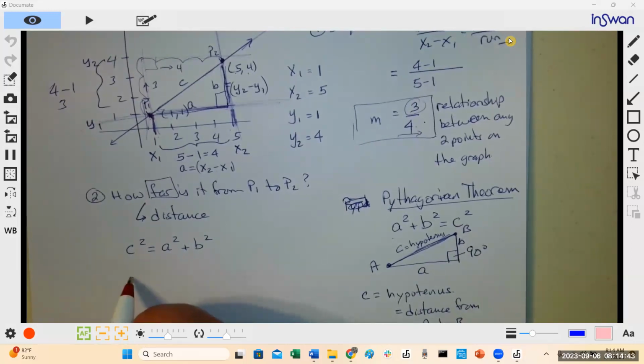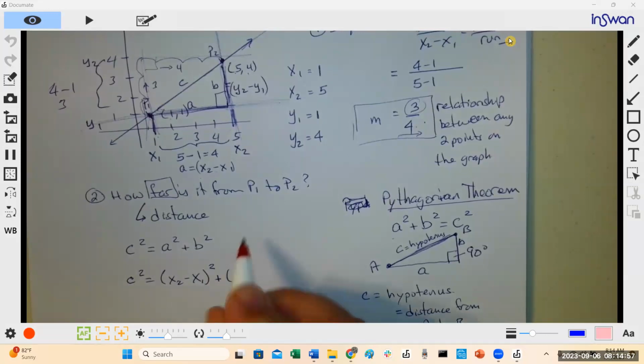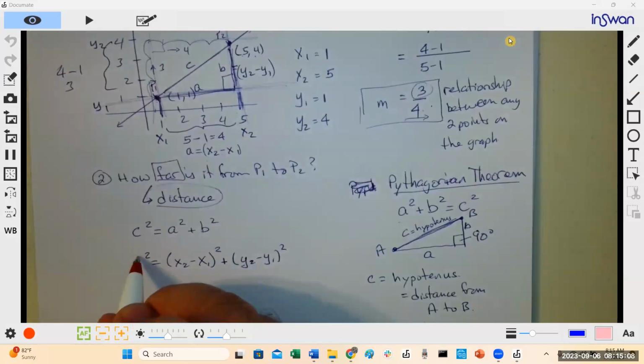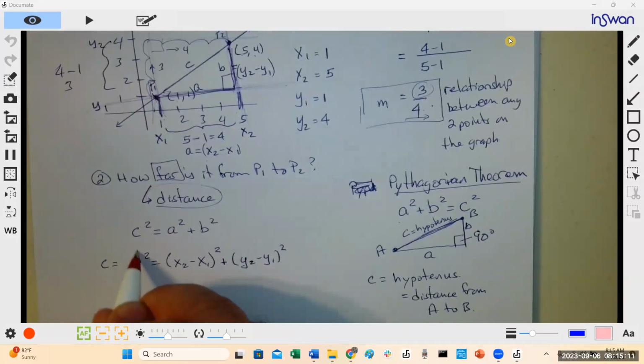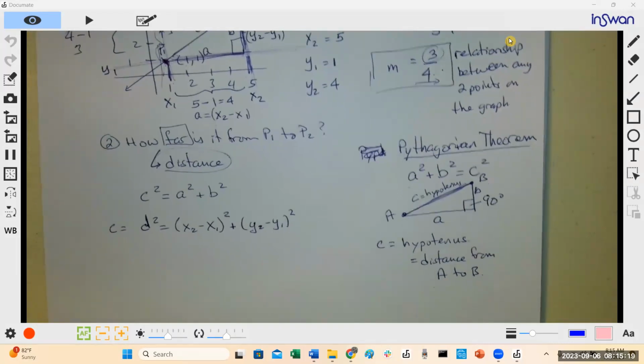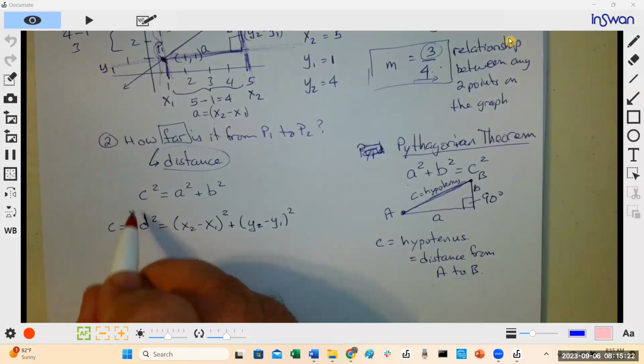So plug those back in here. A was x2 minus x1 squared. B is the y values, y2 minus y1 squared. But remember, now we're talking about a distance, no longer a hypotenuse, so C becomes D. Now we have a definition to it. So that's your distance formula.